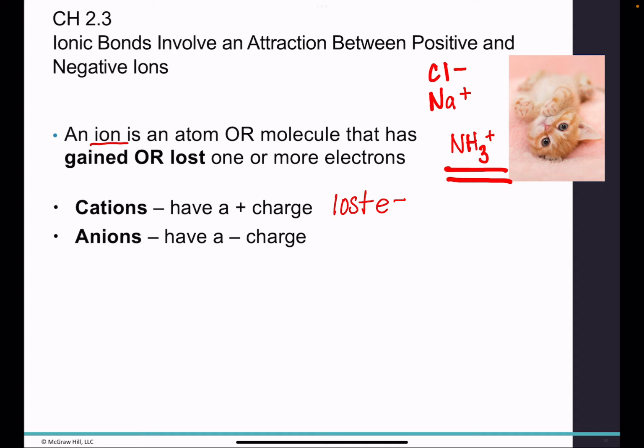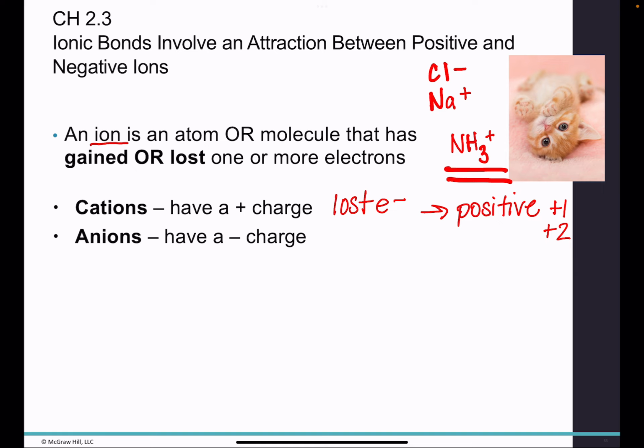Because electrons are negatively charged, when negativity is lost, it becomes more positive. So the loss of one electron produces a +1 charge. The loss of two electrons is going to produce a +2 charge.